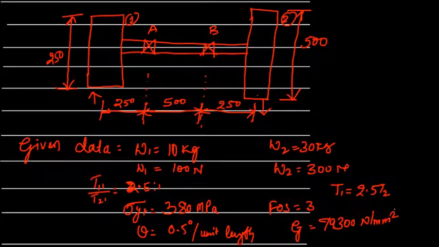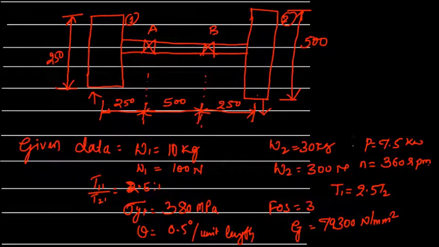Sorry, at first I thought they had not specified it, but yes, they have given power. P equal to 7.5 kilowatt, and speed N equal to 360 RPM.